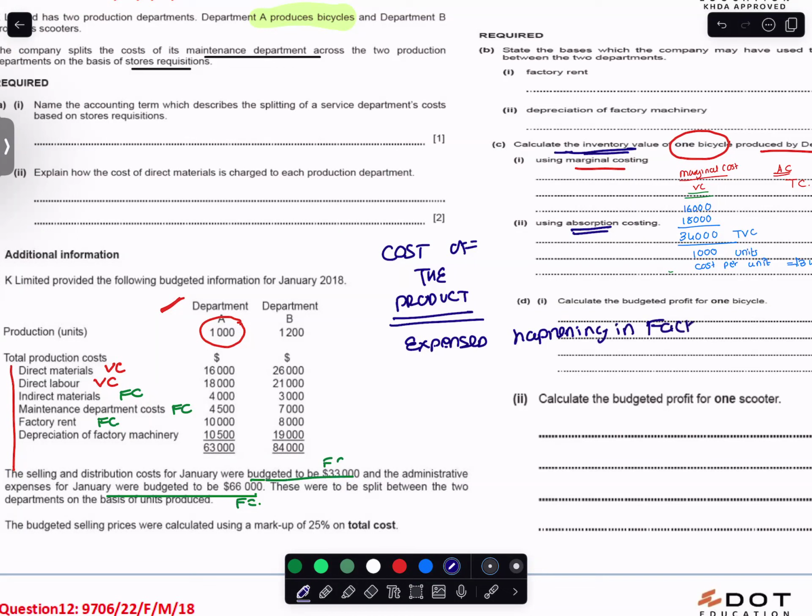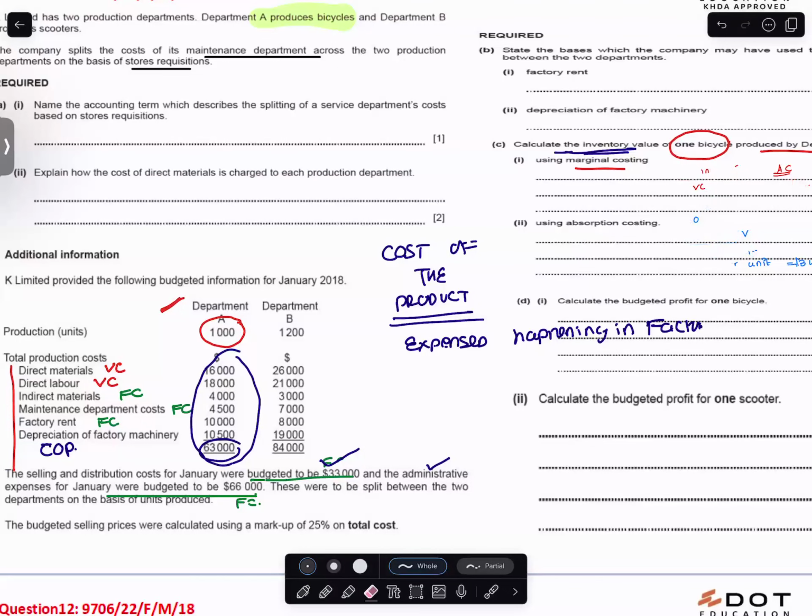Here you have your total factory cost. Total factory cost is how much? 63,000. Selling and distribution cost is not factory cost, and administrative cost is not factory cost. Are you with me?